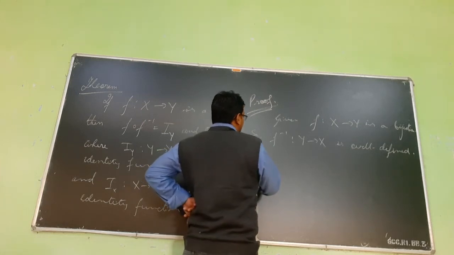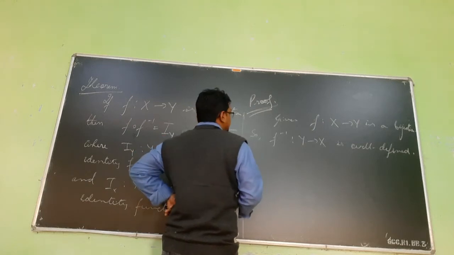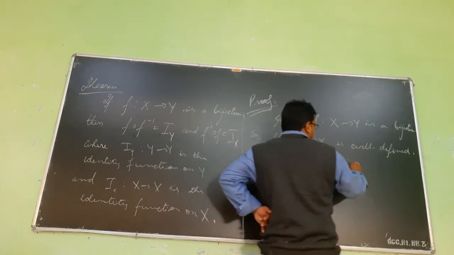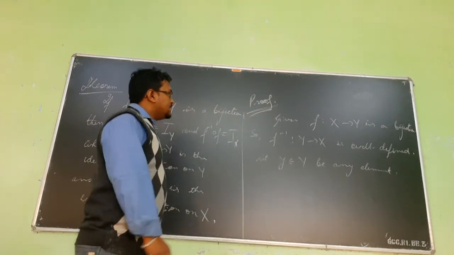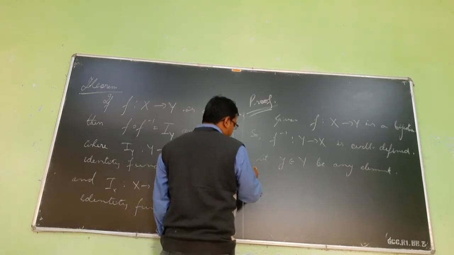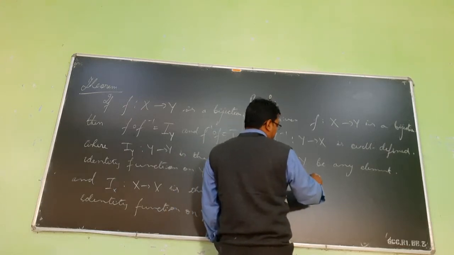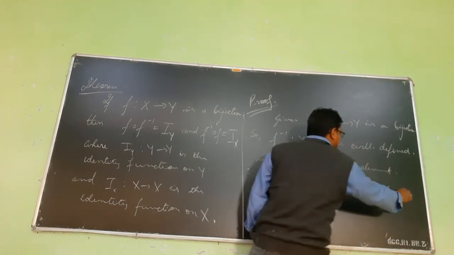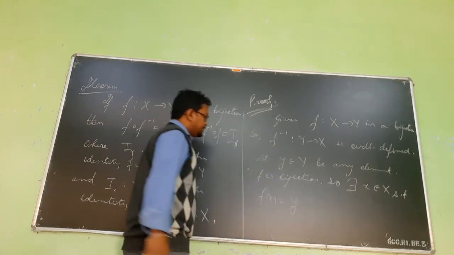So first of all, let us try to show that f o f inverse is actually the identity on y. Let y belongs to capital Y be any element. Since f is a bijection, there exists x inside capital X such that f(x) is equal to y.